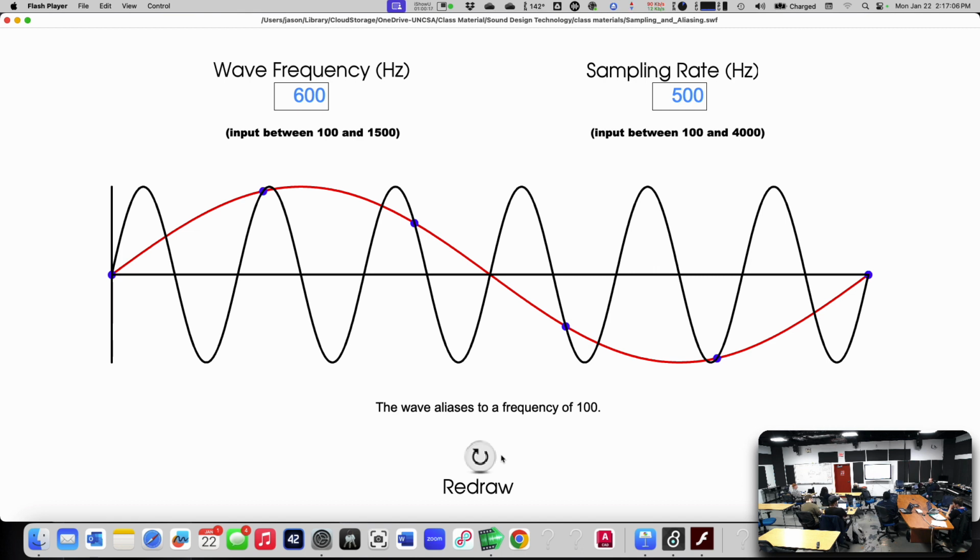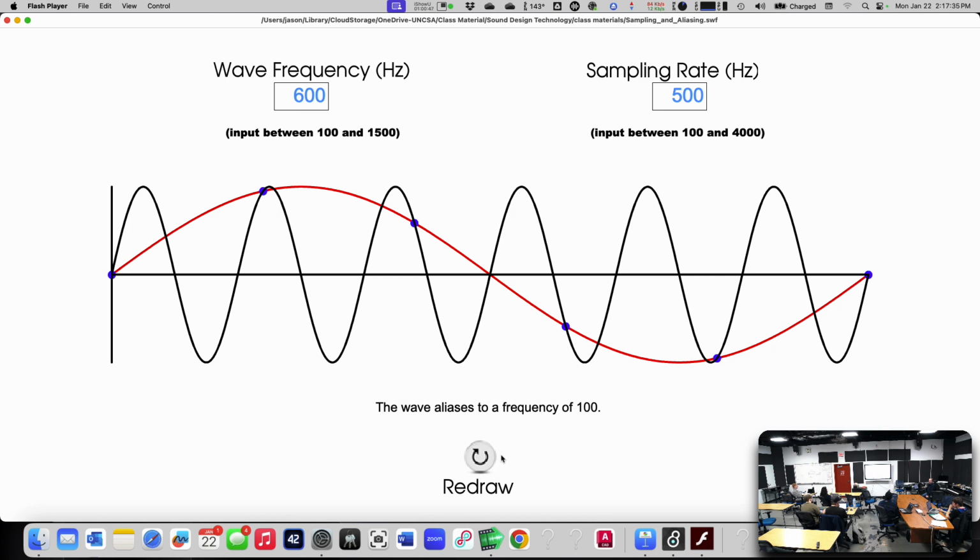What's the lowest sampling rate you've ever seen or been able to dial in on a piece of equipment? 44,100 is probably the lowest you've ever seen. Which means the highest frequency you could encode is 22,050, right? Because that's half of 44,100.